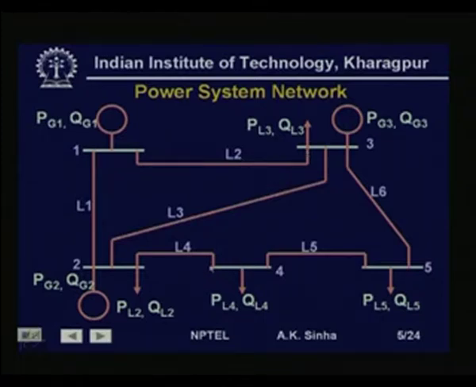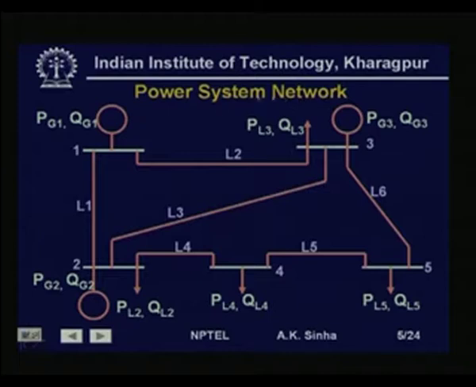Similarly, we have other bus bars, bus bar 4 and bus bar 5. Here we find bus bar 4 has only loads PL4 and QL4, that is, the real power load PL4 and reactive power load QL4. Bus 5 similarly has only load real power PL5 and QL5.